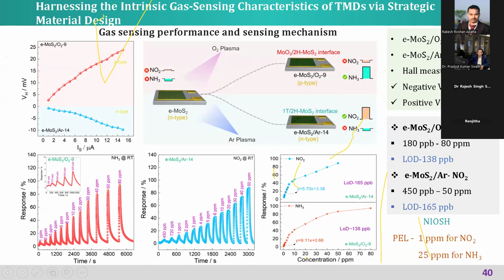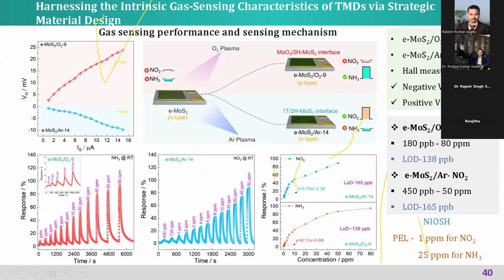The MoO3 and MoS2 interface has a P-type nature. P-type is the one with more holes. This P-type semiconductor shows a good response to ammonia. On the other hand, the 1T and 2H MoS2, which is an N-type semiconductor, has a good response to NO2 gas.